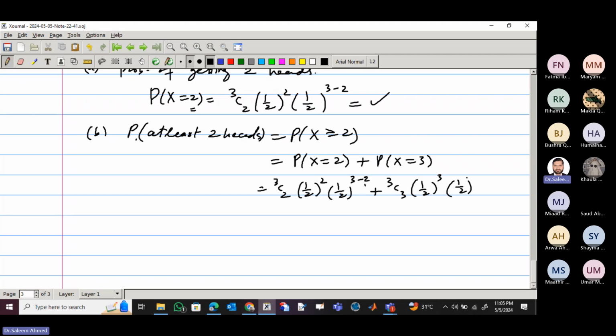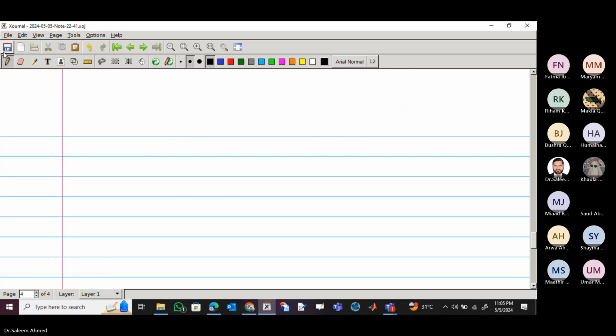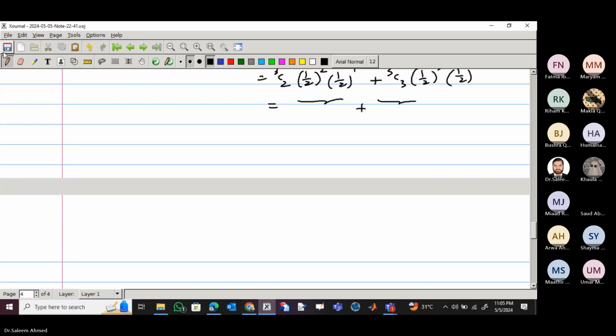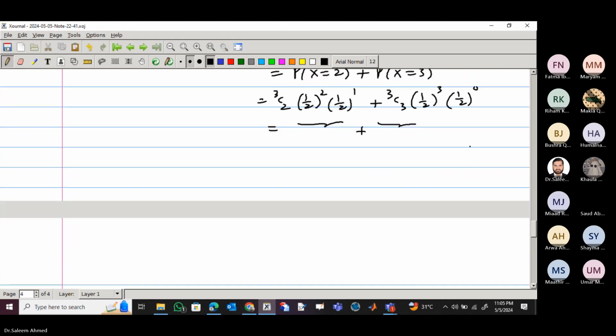This is 2. 3 minus 3 is 0. 3 minus 2 is 1. So you can directly write that. Now you can find these 2 probabilities separately and add them. Right? Get the answer. So it's not difficult. Binomial is not difficult at all.